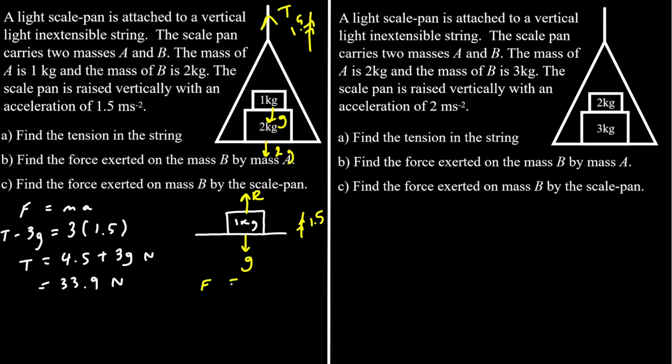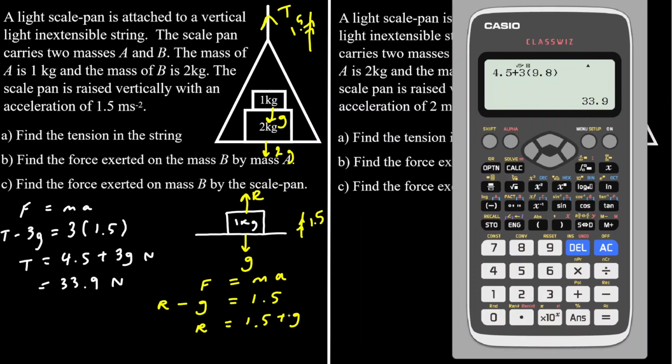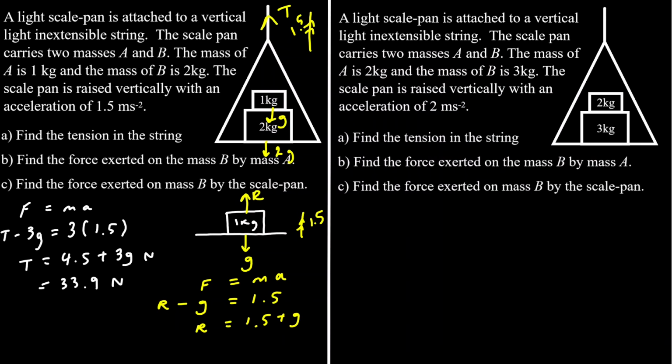So if we get F equals ma, the normal reaction, which is our answer, minus g equals 1a, which is 1.5. So the normal reaction is 1.5 plus g, 1.5 plus 9.8 is 11.3.